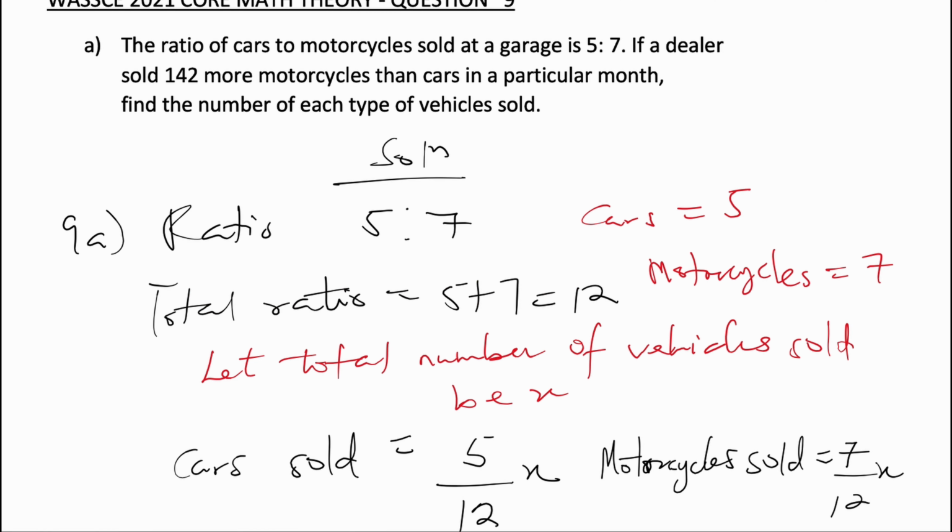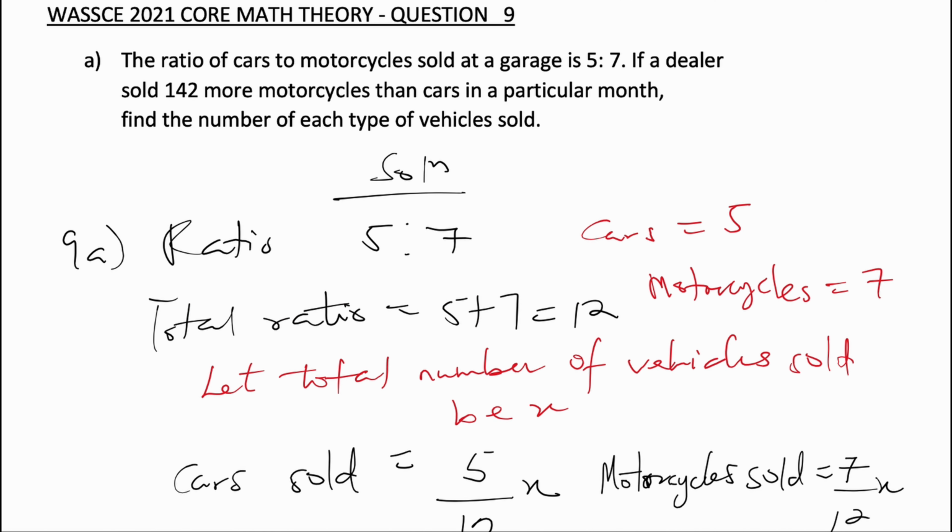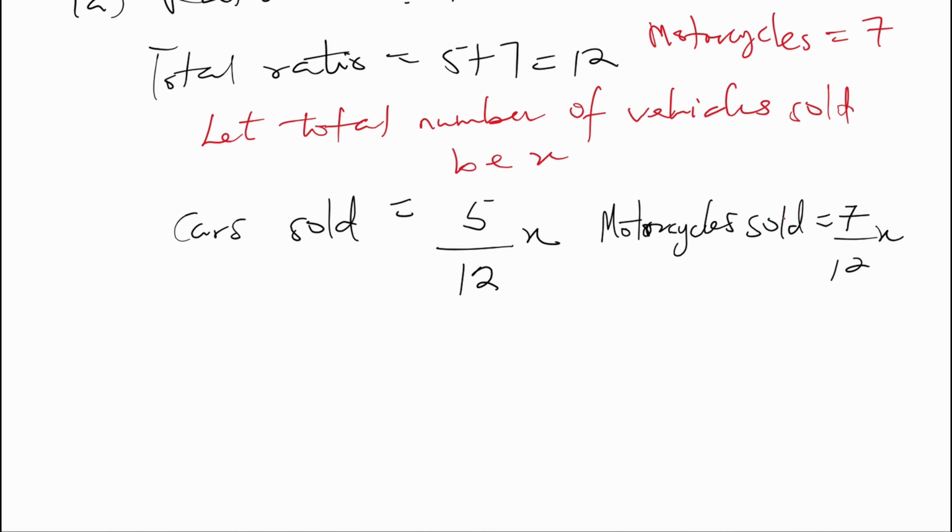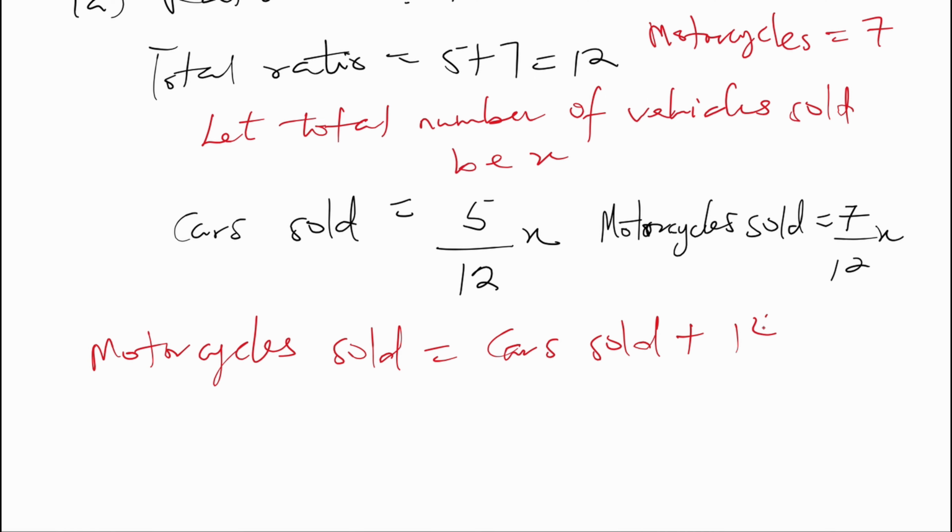Now you are being told that the dealer sold 142 more motorcycles than cars. And so the number of motorcycles sold will be 142 more than cars. So we also know that motorcycles sold will be equal to cars sold plus 142.